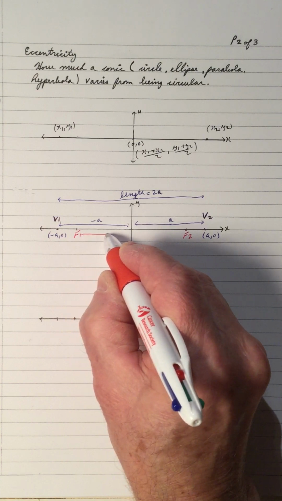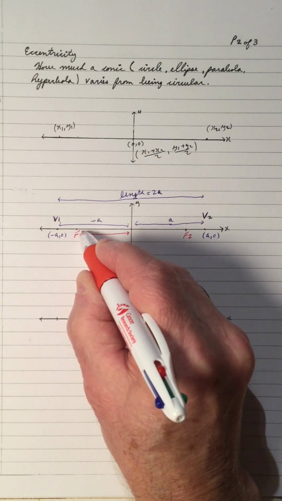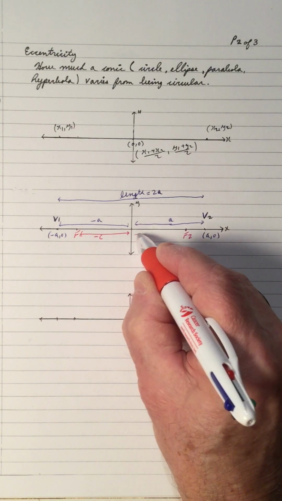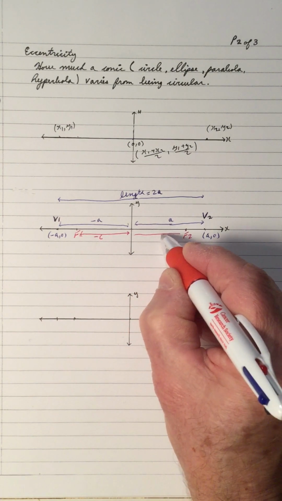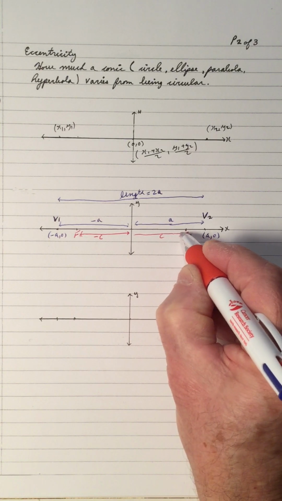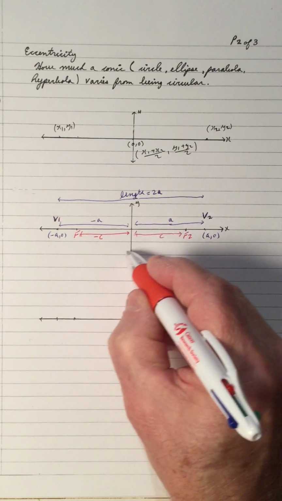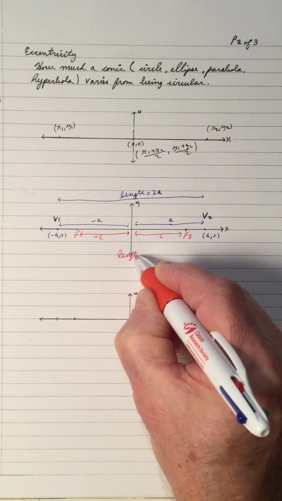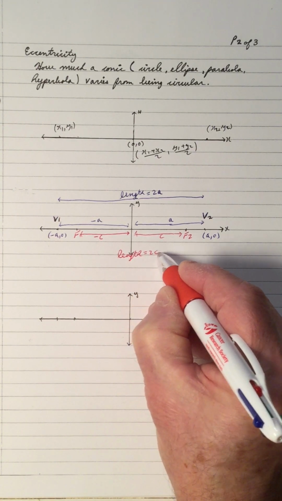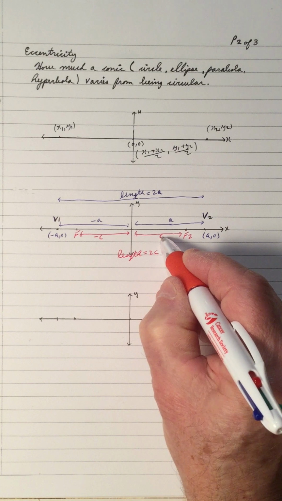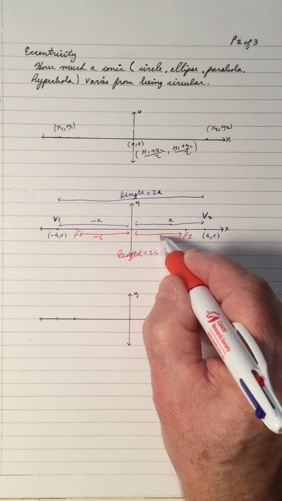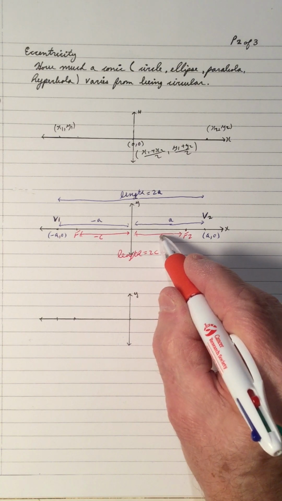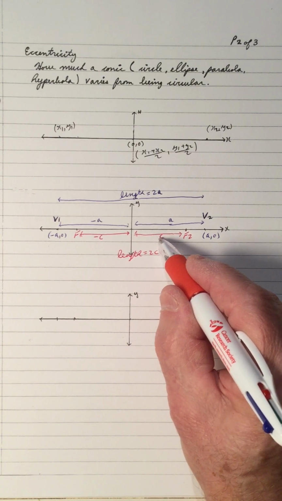So from here to here is negative C, and from here to here is C. The length between the foci is twice C. Say this value here is a 4, then that's a negative 4 on the other side, but the distance is twice the value of C because distance is positive.